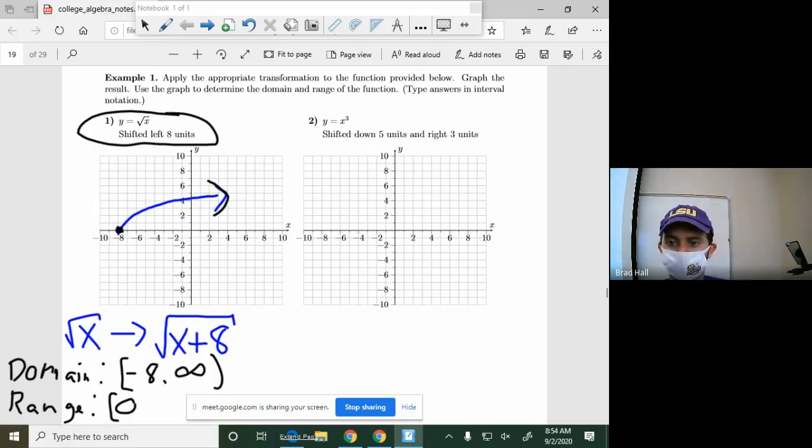So we put a bracket. What's the highest point of the graph? I have that highlighted as well. It's actually infinity. There's no barrier here. That'll make more sense when MyMathLab graphs it for you.